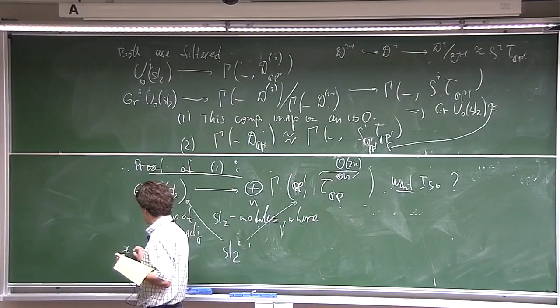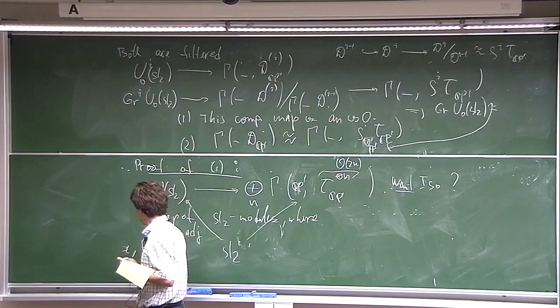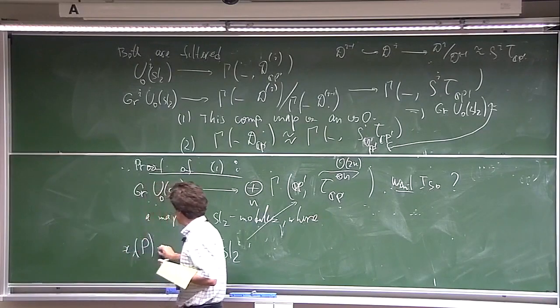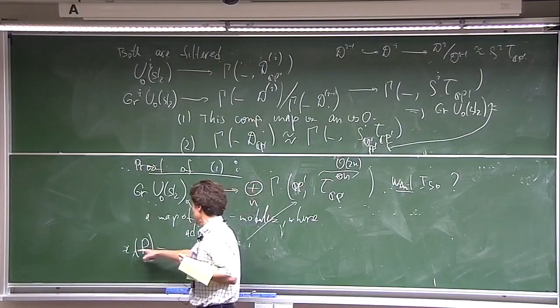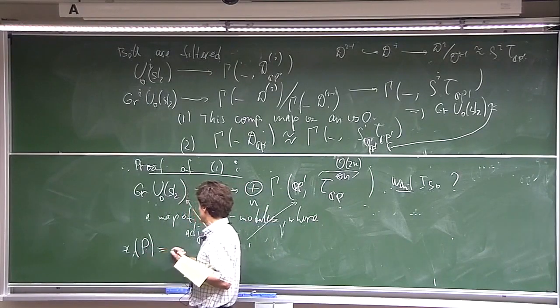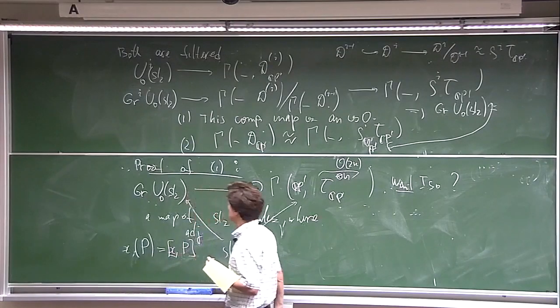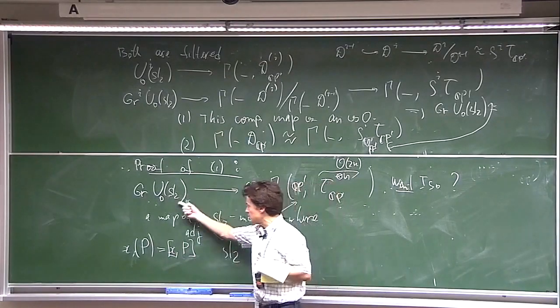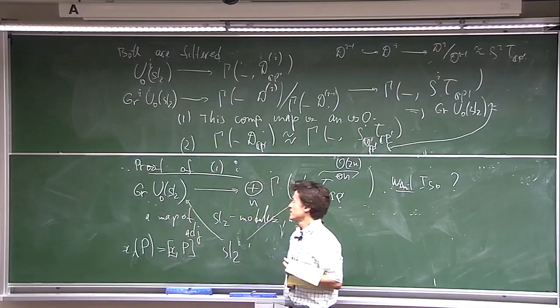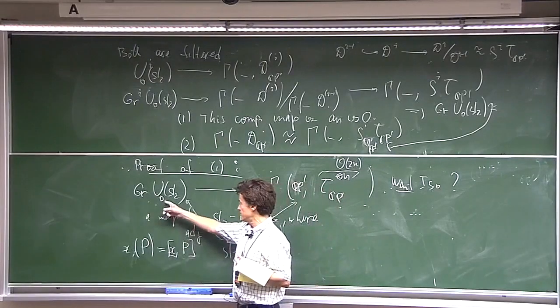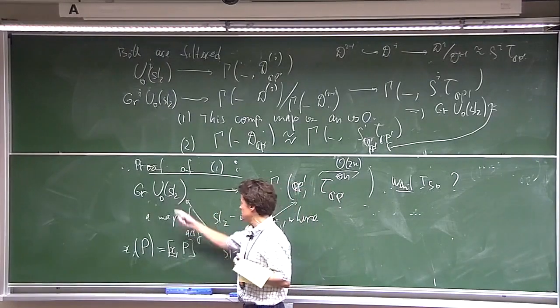There is such an action on elements of the universal enveloping algebra. You take an element of SL2, an element of the universal enveloping algebra, and you act; it descends to the graded. Of course, it respects the quotienting out of the center, and so it gives you the action there.